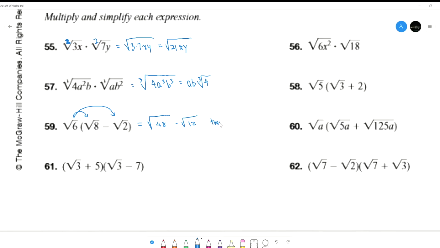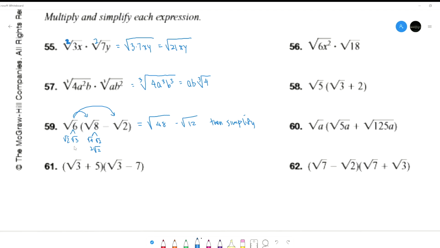I know that this 6 is 2 and 3, radical 2 times radical 3. And this 8 is radical 4 times radical 2, which is 2 radical 2. And this is just radical 2.